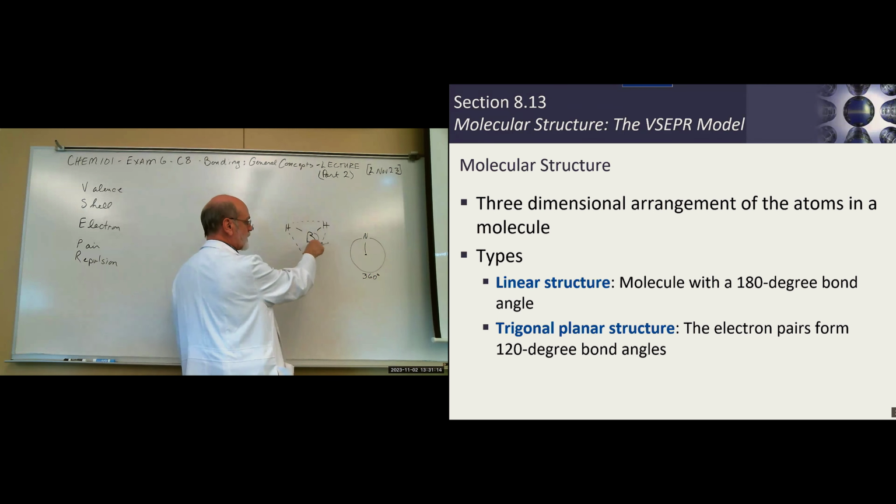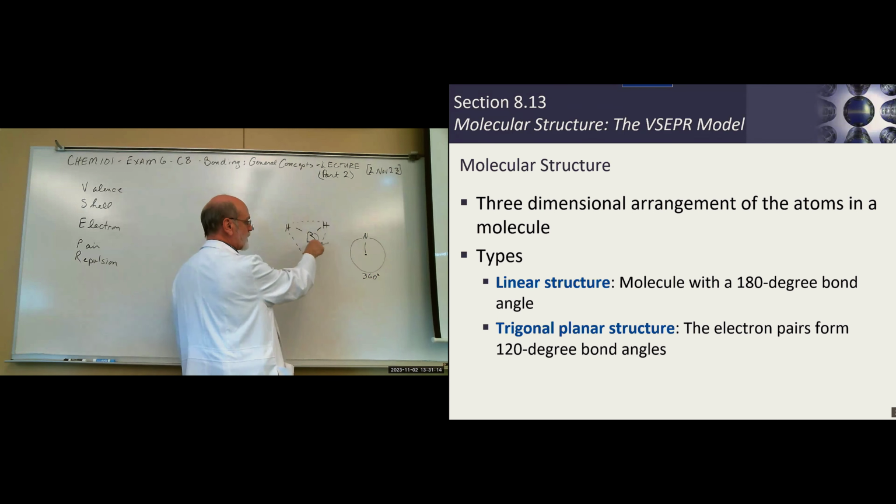Now it gets a little more complicated when you have four groups. A good example of that one is methane. Carbon and 4 hydrogens. And you would have this, hydrogen, hydrogen, hydrogen, hydrogen.